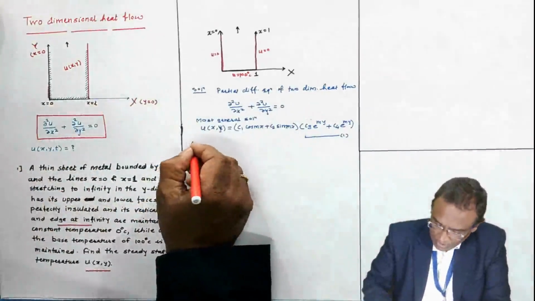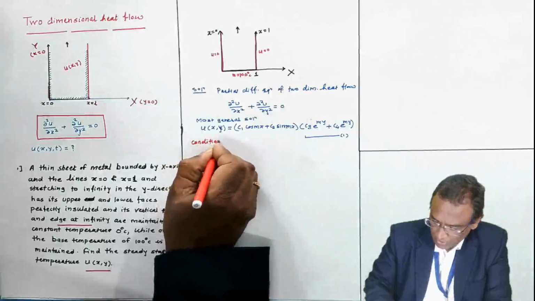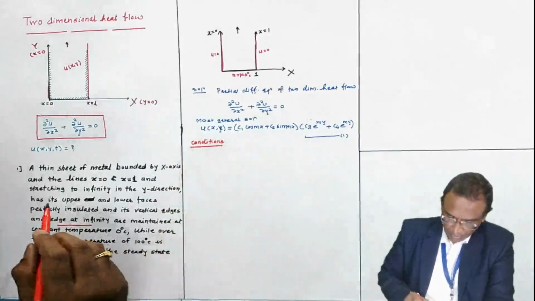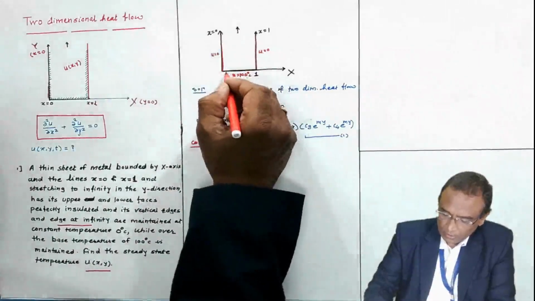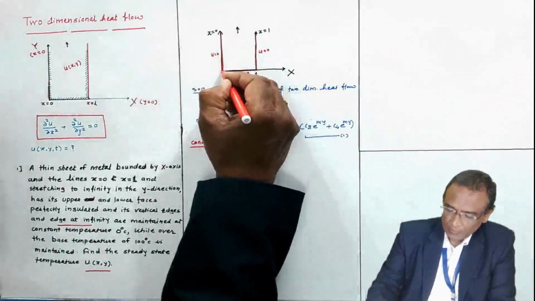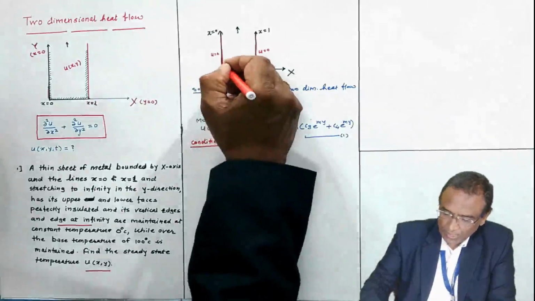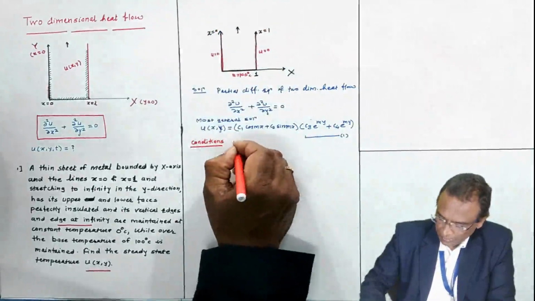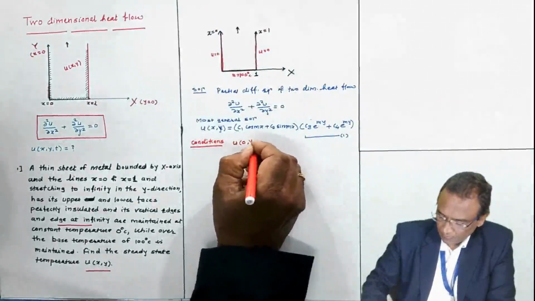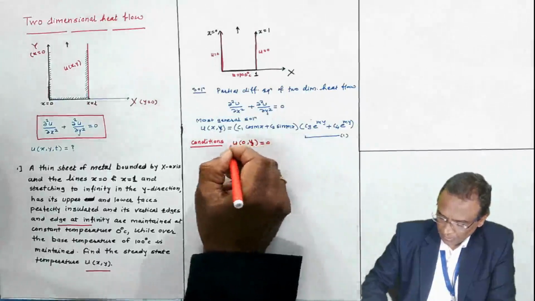What are the conditions given to you? Some are initial conditions, some are boundary conditions. In short, I am writing the conditions. Along the vertical edge x equal to 0, u of (0, y), the temperature is 0.